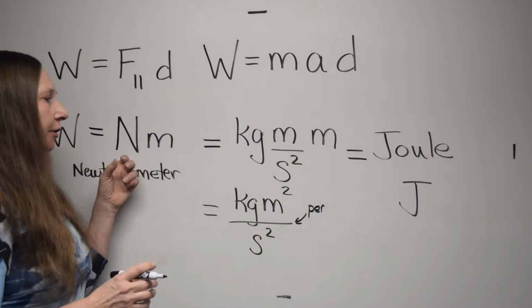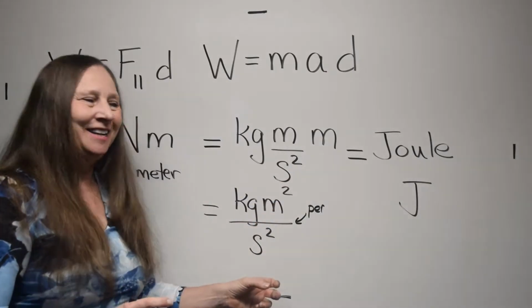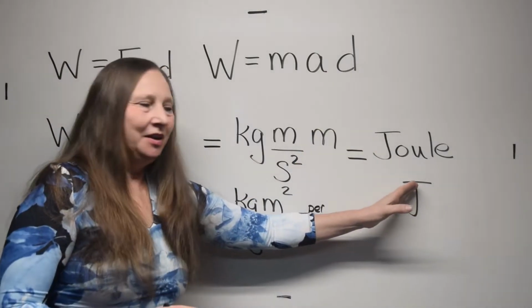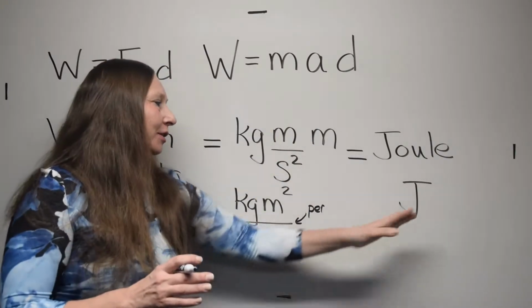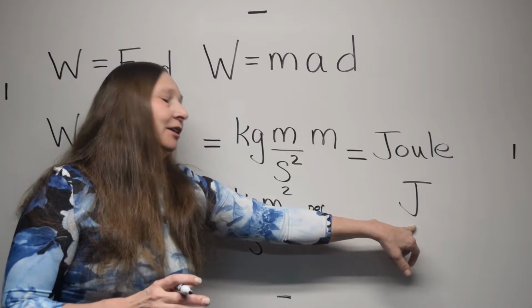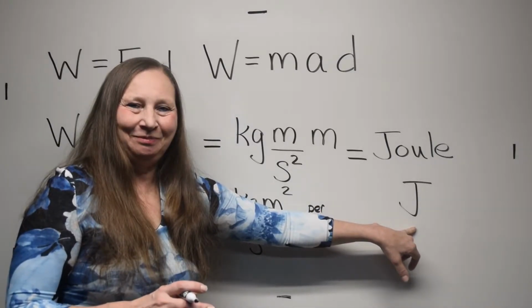A Newton meter is a kilogram meter squared per second squared is a joule. All right, in the problems we're doing today, we're just going to write capital J for joule. Let's keep it simple.